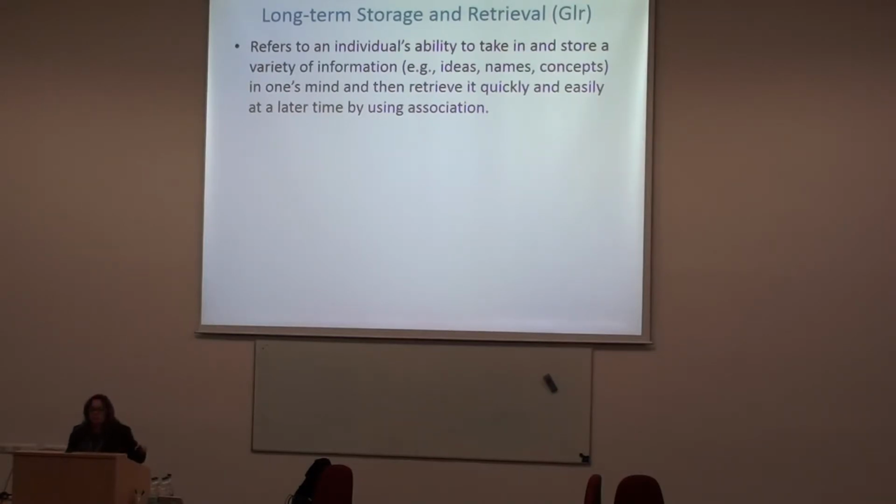The WISC-5 measures GLR because of how important it is and all the research that has come out about the importance of GLR for learning and for reading achievement. And really, a part of GLR is also important for automaticity. We're expected to be automatic in the basic skills by the end of 3rd grade. And so part of the GLR is related to that automaticity, the development of basic skills.